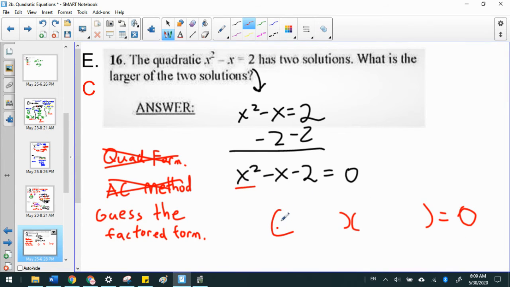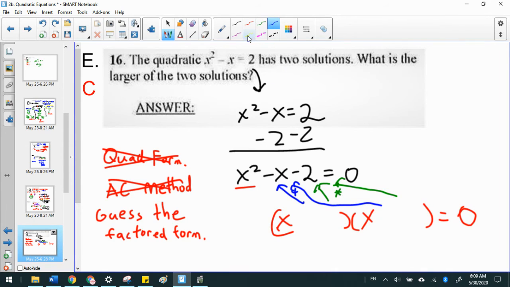We know that we're going to have two sets of parentheses multiplying each other to equal 0. And the leading term here is going to be x and then x. And what you should remember is that the second numbers here multiply into the c value, but they add up to the b value of -1.